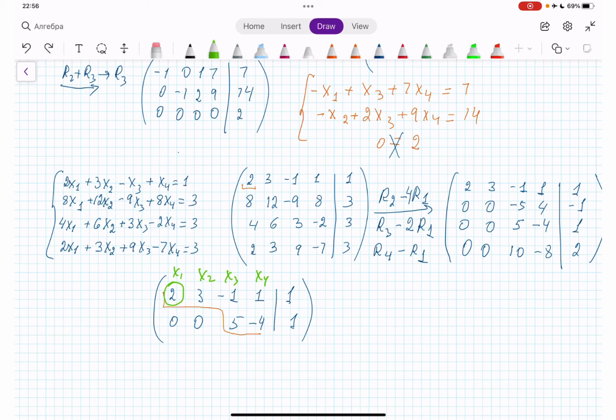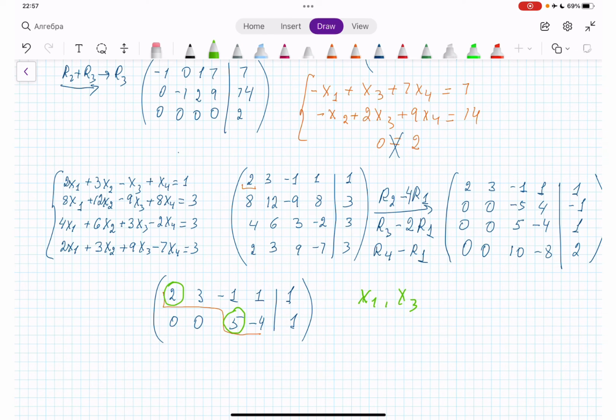Okay, so let me clean this also, not to leave a mess. x2 doesn't have a leading coefficient because it's 2, so we skip it. And the second leading coefficient is the coefficient of x3, and that's it. So our x1 and x3 are the variables of leading coefficients, right?